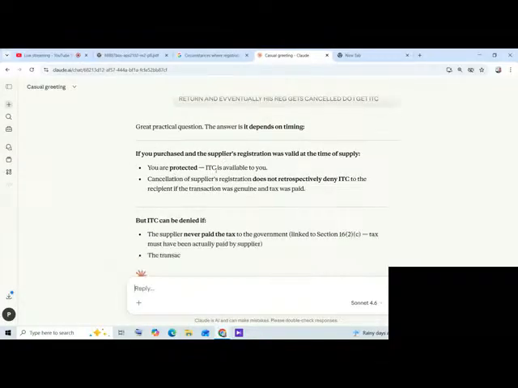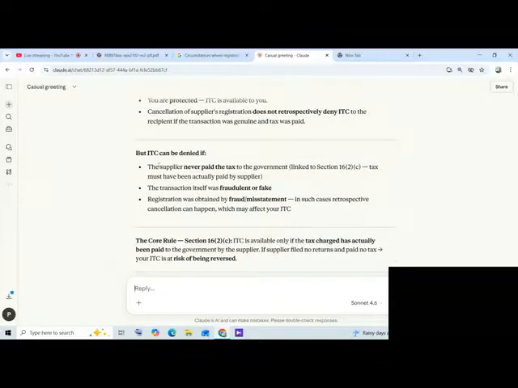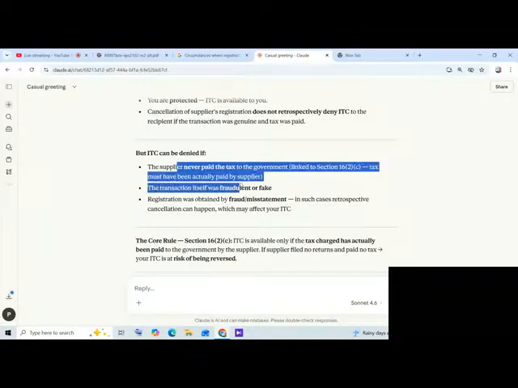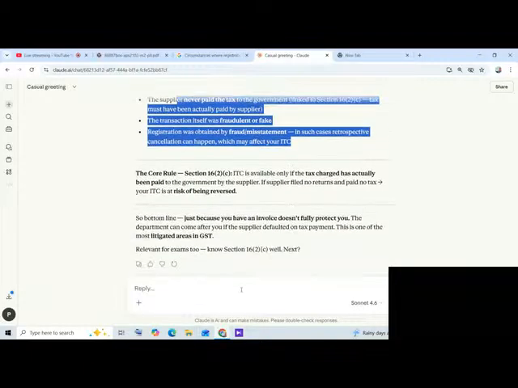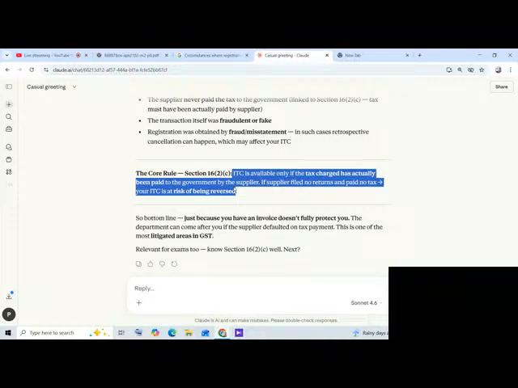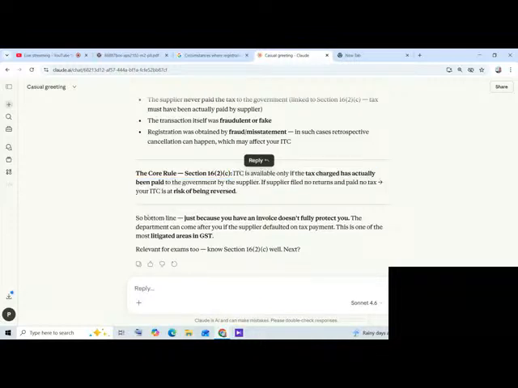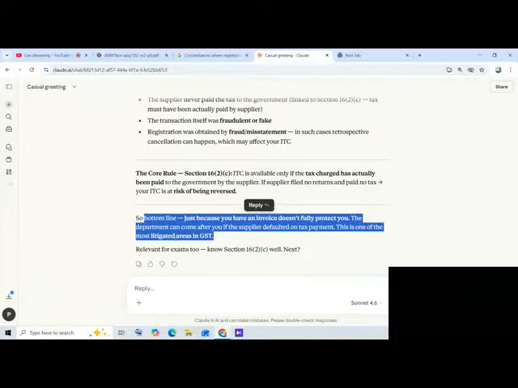Cancellation does not automatically deny ITC to the receiver if the transaction was genuine and tax was paid. But the ITC can be denied if the supplier never paid the tax to the government, or the transaction itself was fraudulent or fake, or registration was obtained by fraud, where cancellation may be retrospective, which may affect the buyer. So bottom line, just having an invoice doesn't fully protect you, the department can come after you. It is one of the most litigated areas of GST.